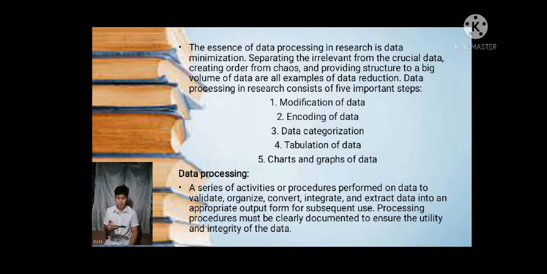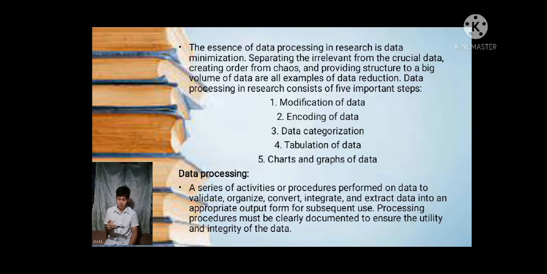The essence of data processing in research is data reduction: separating the irrelevant from the crucial data, creating order from chaos, and providing structure to a big volume of data.